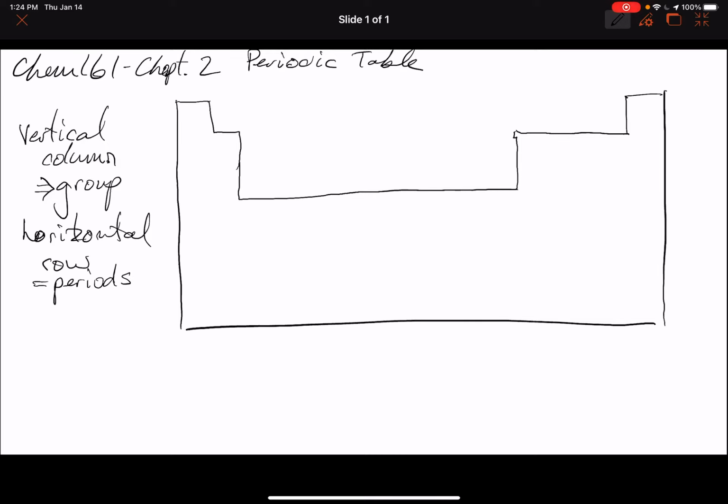The properties may not all be the same as we go across a row, so we might see periodic or differing properties there, versus a column where the properties are more similar and it makes sense to group those. Perhaps that's a mnemonic to help you remember: down a column, we have groups, and a row is a period.